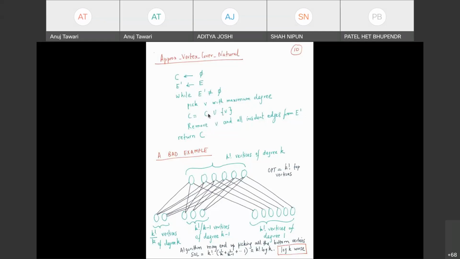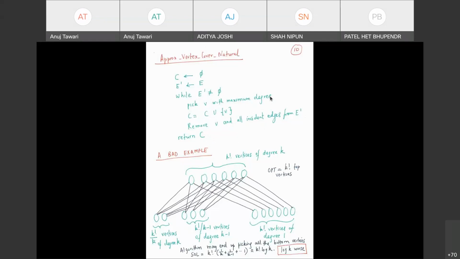Once V is in your vertex cover, you have covered all the edges incident with V, so all the edges with one endpoint V. You remove all these edges from E prime. Finally, we return the resulting vertex cover. So it is a very standard greedy algorithm: at every step you pick the vertex V with maximum degree, which covers as many edges as possible.